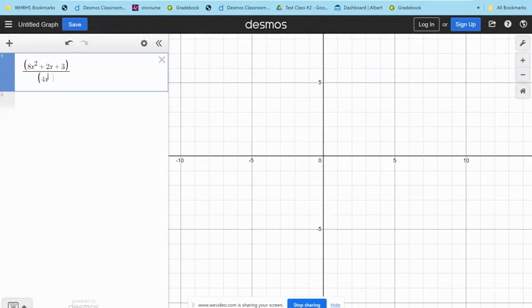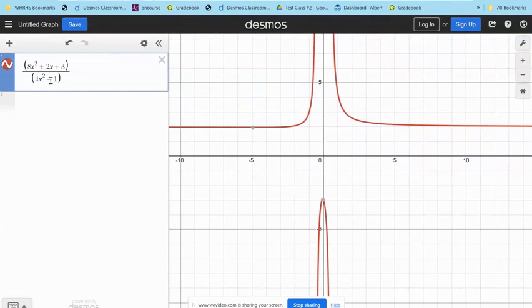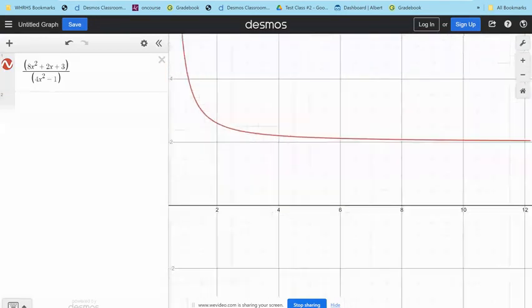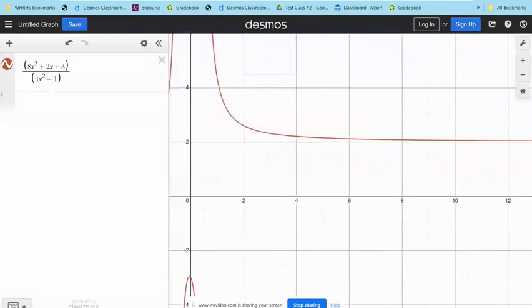Did I do the numerator right? Yes. Okay, I was about to cry. I'm like, why isn't it working? Okay, so it's saying as x approaches, what was I approaching? Positive infinity. Do you see? It looks like there's an asymptote there. As x approaches, it's getting closer and closer to 2. Isn't that so cool?